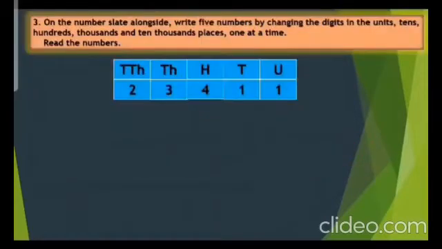Now children, let us go to our question number 3. On the number slate alongside, write 5 numbers by changing the digits in the units, tens, hundreds, thousands and ten thousands places one at a time. Now read the numbers. What are the numbers given here? 2, 3, 4, 1, 1. We have to change these numbers one at a time and make 5-digit numbers. So let us make the first one: 32,411.